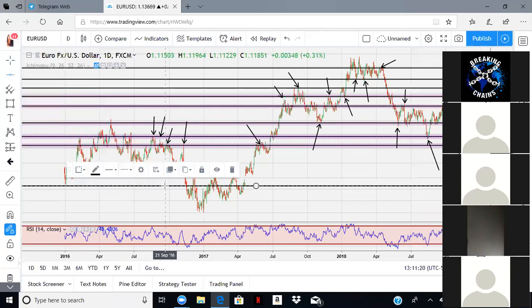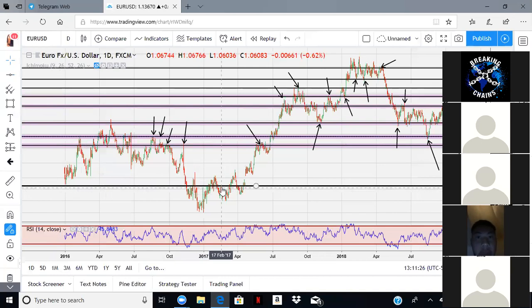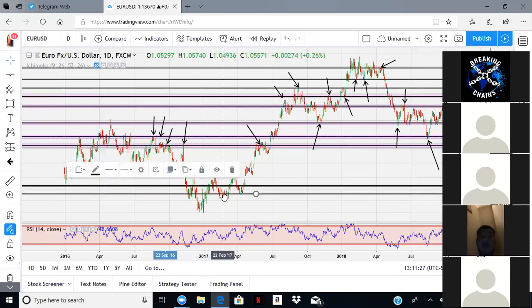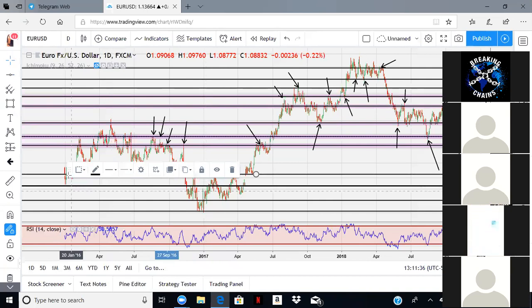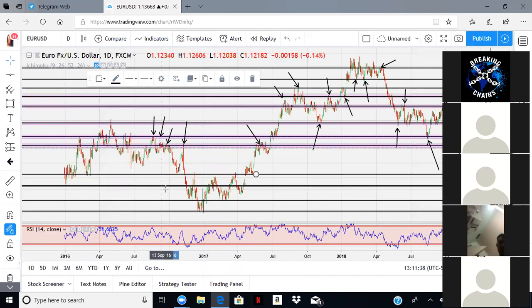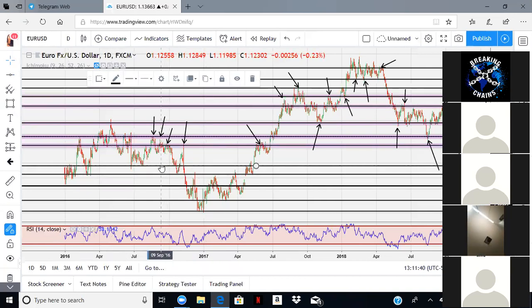I used to just put a bunch of, I'm just tapping and making a bunch of lines, and grab this line and drag it to wherever you see, basically the pointy areas. Rejection. I'm creating a floor and a ceiling.